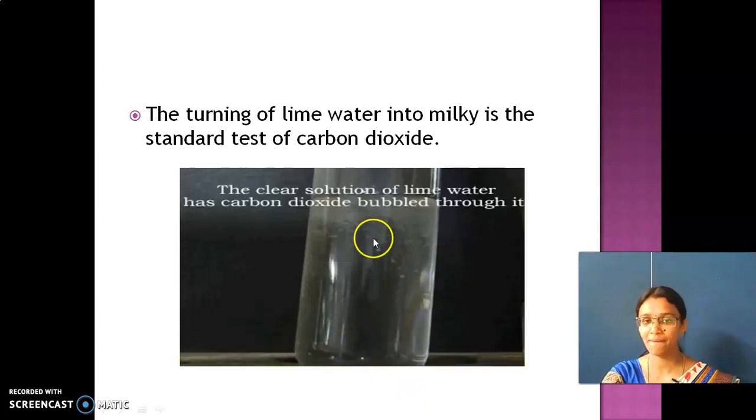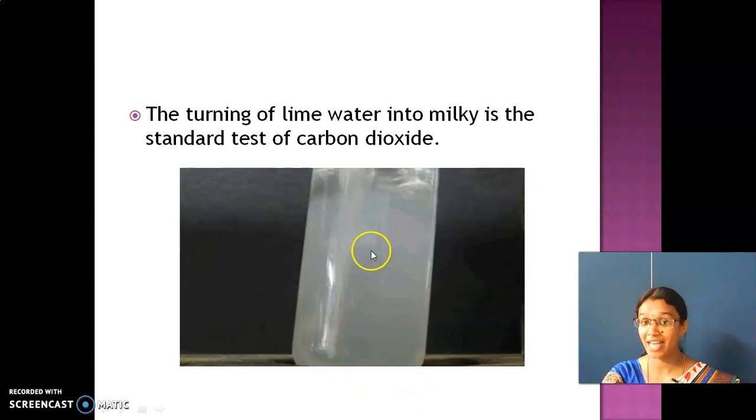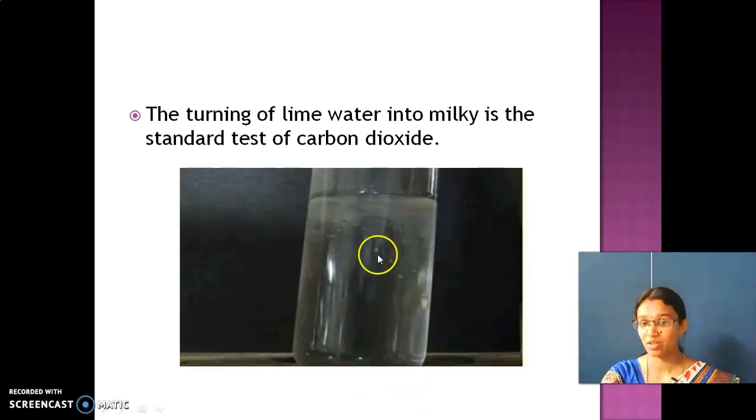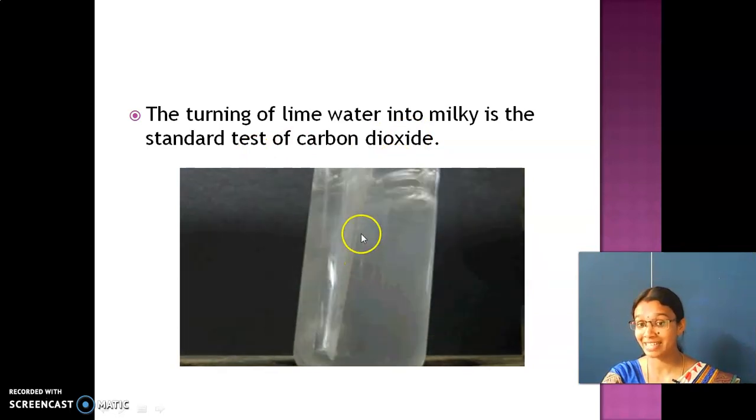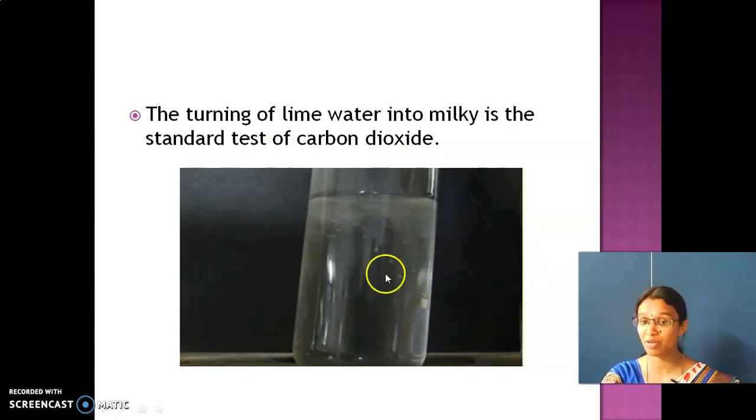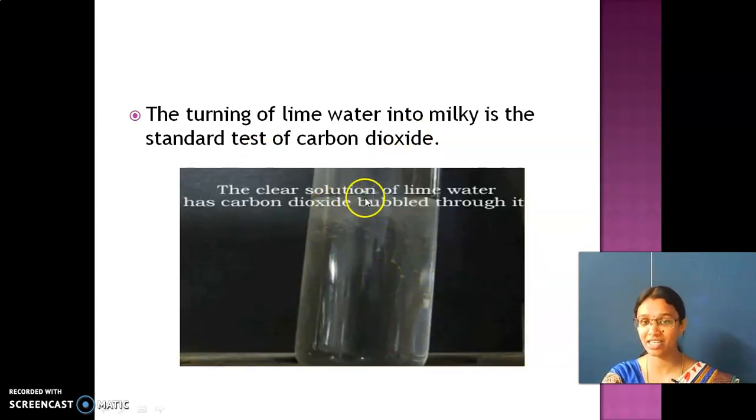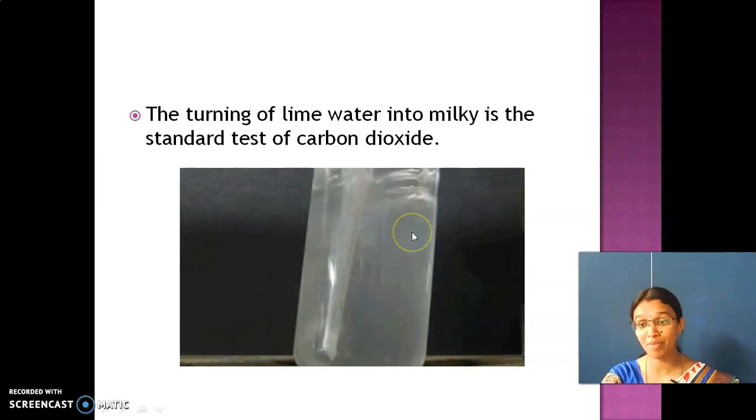Look here, children. The clear solution of lime water, when mixed with carbon dioxide, turns into a milky color. You are able to see the changes in this picture, right? See here, it has CO2 bubbles.